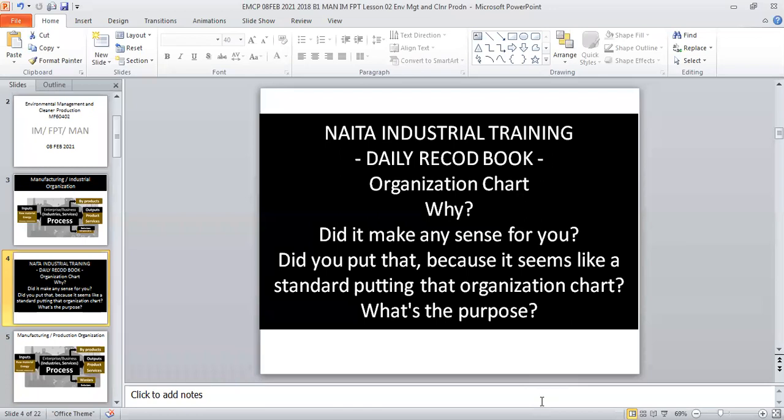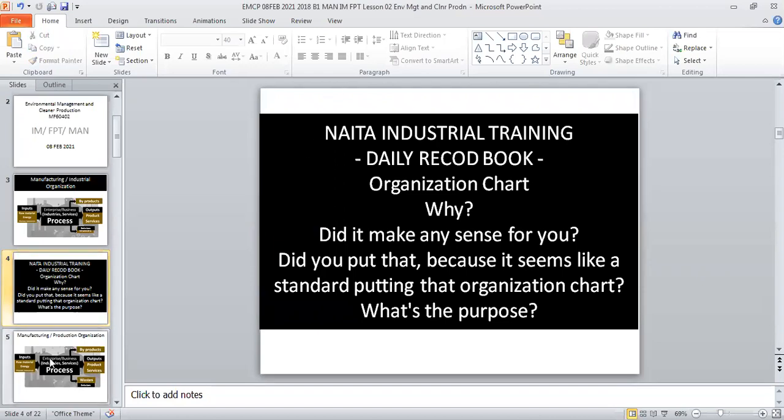Will this learning of organization be something like the organization chart you are putting in the NAITA record book? If you cannot hear, just let me know. Can you imagine what's the purpose of this?